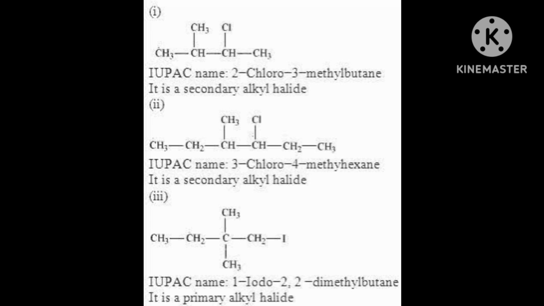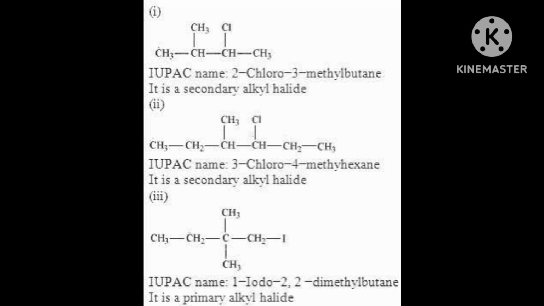Then 4-bromo, because carbon number 1 2 3 4, on carbon number 4 bromine is there, including CH3 with the first carbon, and after that on the second carbon the double bond is there, okay.